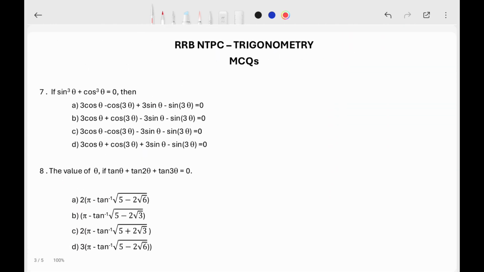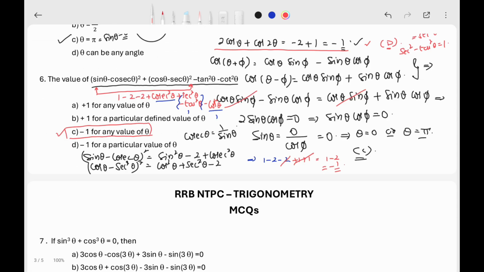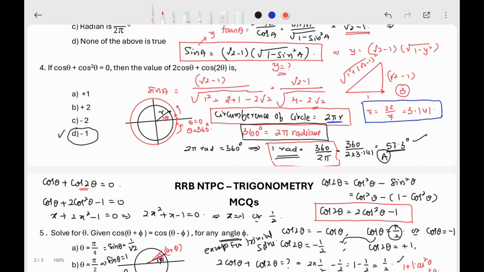Now, let us go for a similar question. Sin cube theta plus cos cube theta is equal to 0. Then what is it? I have done a similar type of question: if cos theta plus cos square theta is equal to 0, then the value of 2 cos theta plus cos 2 theta.